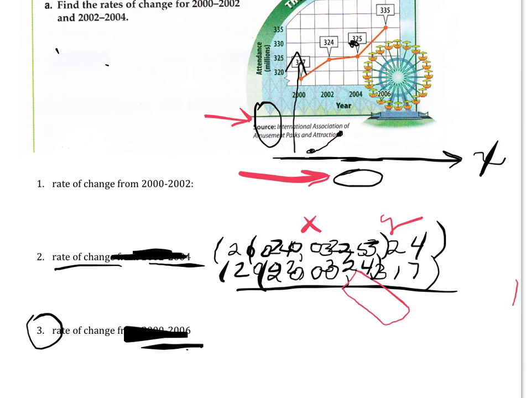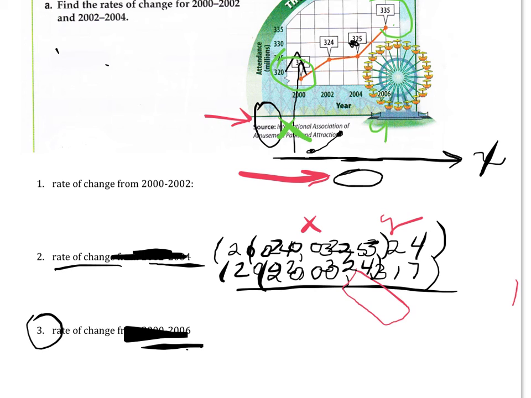Okay, once you've completed your calculation, take a look at my green work here on the screen, and you can see that I have found the 2 ordered pairs from 2006 and 2000. And I've listed the 2 ordered pairs, 2006, 335, 2000, 317, and I've done the calculation delta y over delta x. And remember, those are the x's, these are the y's.